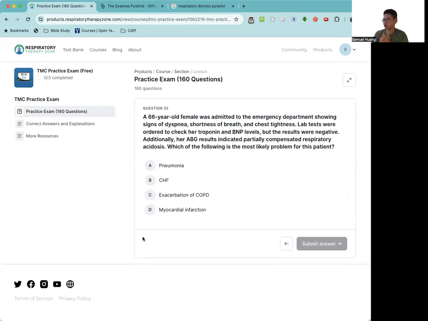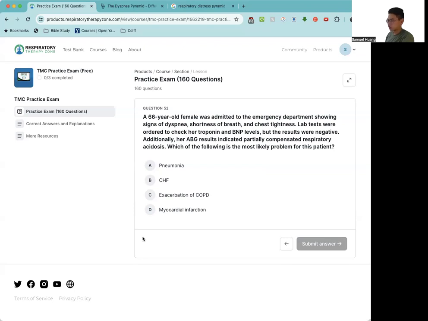66-year-old in the ED, shortness of breath, chest tightness. Is this pleuritic chest pain? Is this a heart attack? It's non-specific, but you still want to make sure it's not a heart attack in an individual at 66. So cardiac enzymes, they're fine. Results negative.